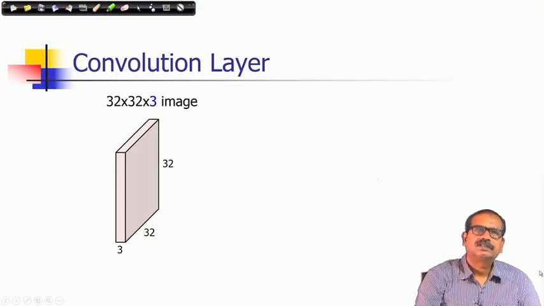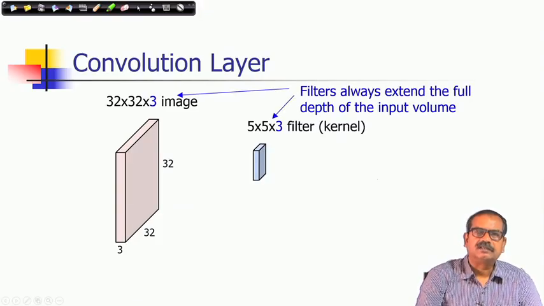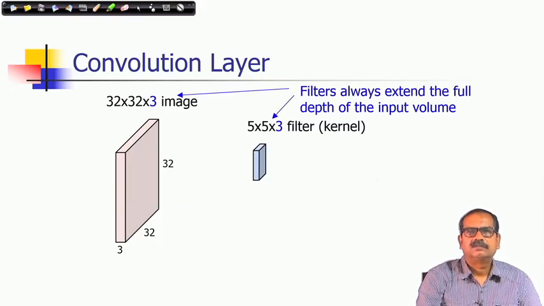In the convolutional layer, the input is an image, say a 32 cross 32 cross 3 image. That means, for example, it could be a 3 channel RGB image, or any other 3 components. And there is a filter, which performs the convolution operation over this image.